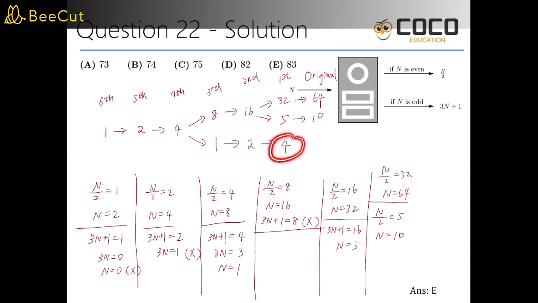When this equal to 4, is same as before. When it is 4, the next step will be 8 and 1. So here you have 8 and 1. In total, there are 4 different answers: 64, 10, 8, and 1. So just add them together. This equal to 83. So the answer is E.